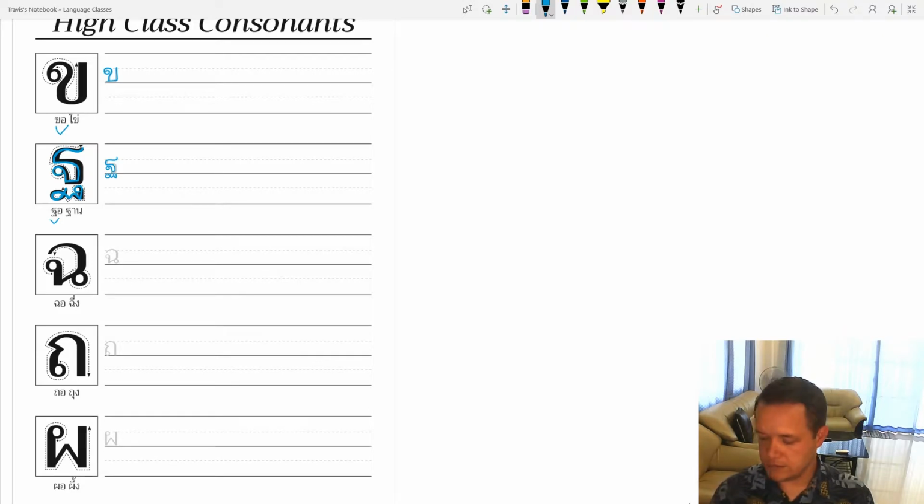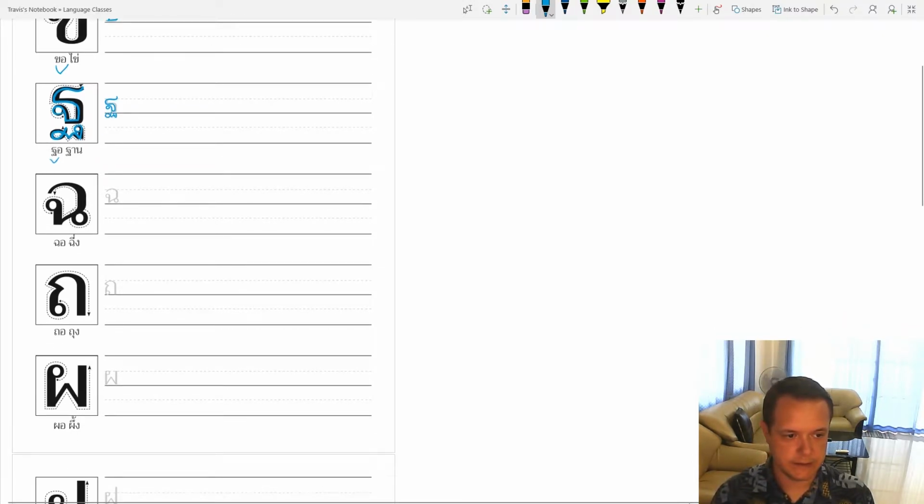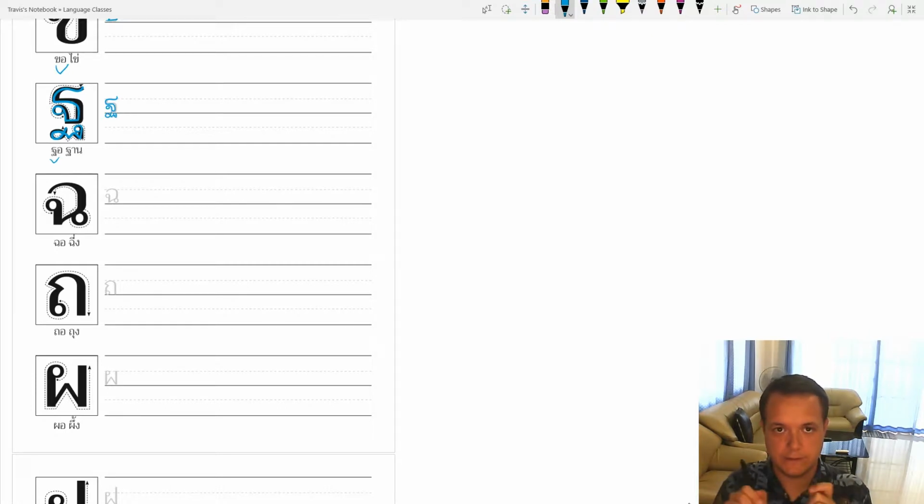Okay, so the next letter in the list there is Cha Ching. It's kind of like a CH sound. Ching, the second word, is a low tone, and it represents a bell, a type of hand bell that you ding together.